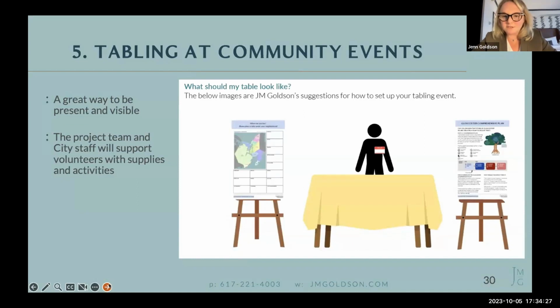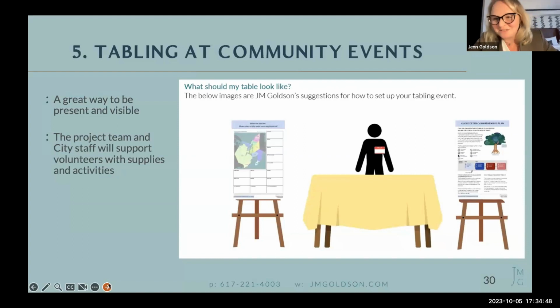It will be a combination of city staff, perhaps other project team members, and the idea is that you go out to as many community events as possible, so that you go where people are already gathering and you can start to give them information about the project, talk to people.